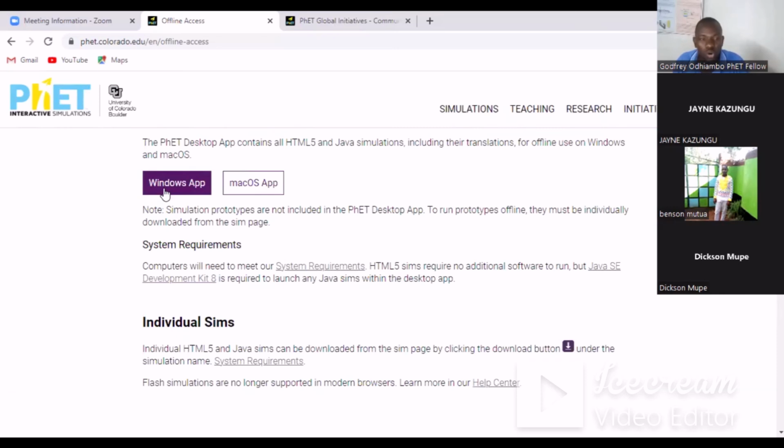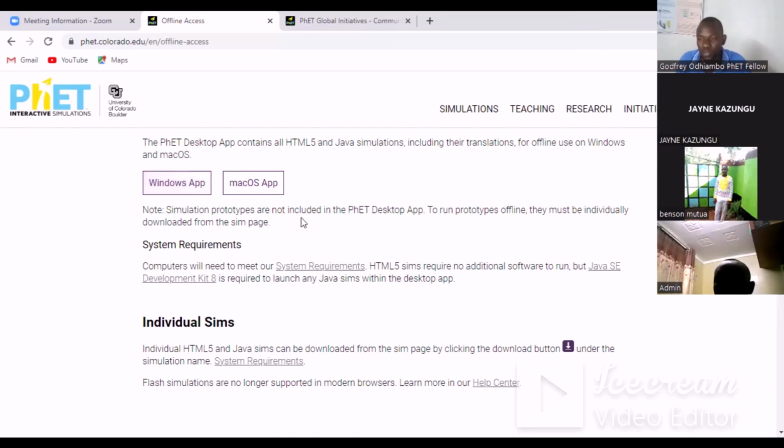You download the Windows app on a Windows, or you download the Mac OS one if you have a Mac laptop. So I encourage you to use this for Windows, this one for Mac. Got it? Yeah. Thank you so much.